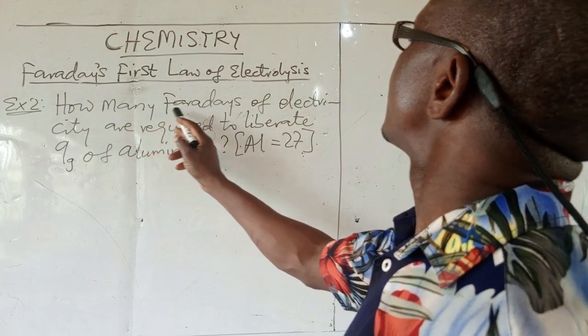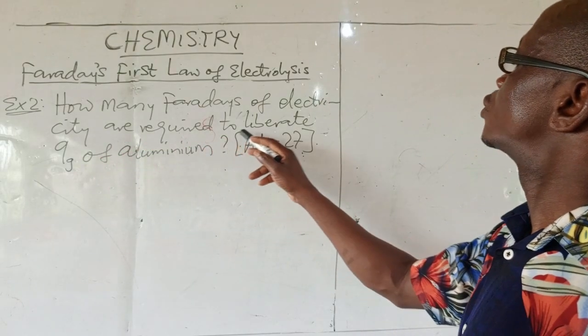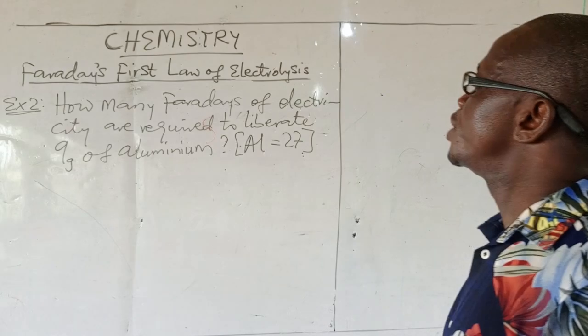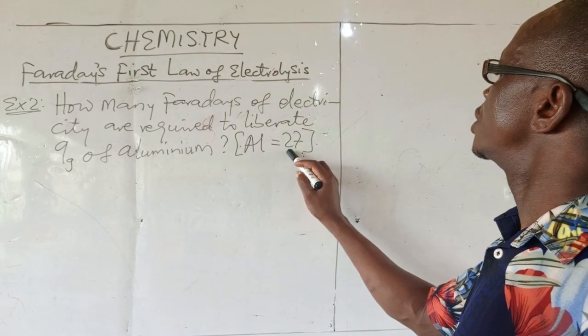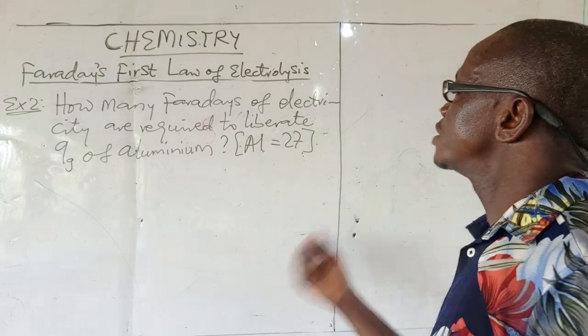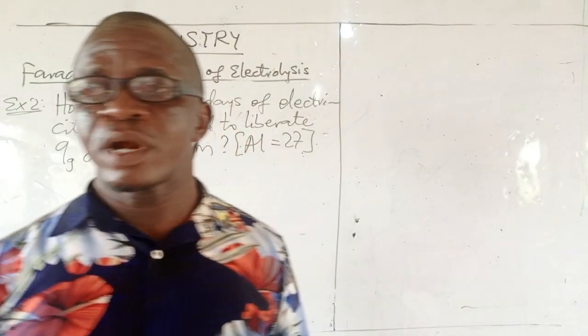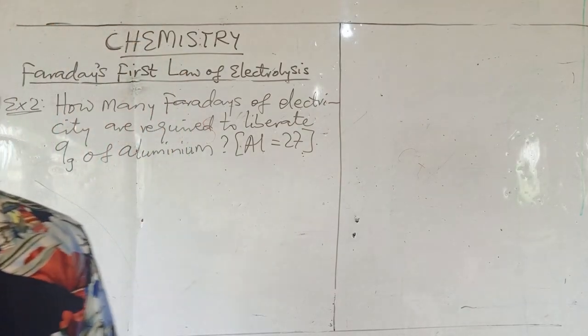How many Faradays of electricity are required to liberate 9 grams of aluminium? They have given you Al to be 27. Now let's see how to calculate. Remember, I told you writing of the half equation is very important.